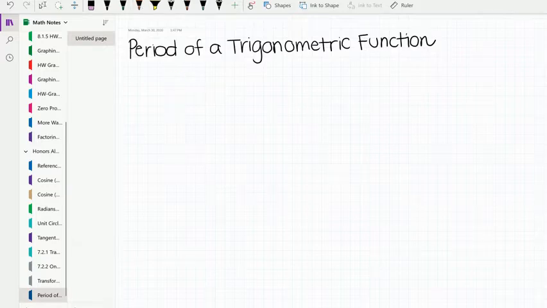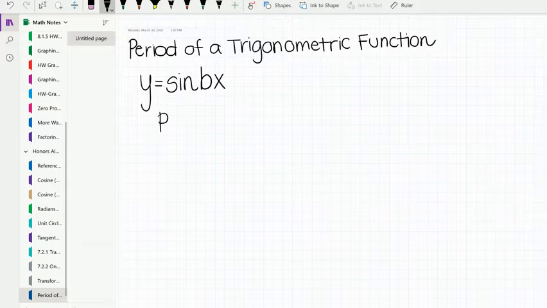Let's say we're looking at y equals sine bx. To find the period, you would do 2 pi over b.